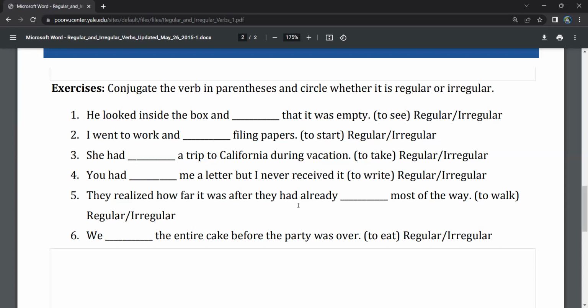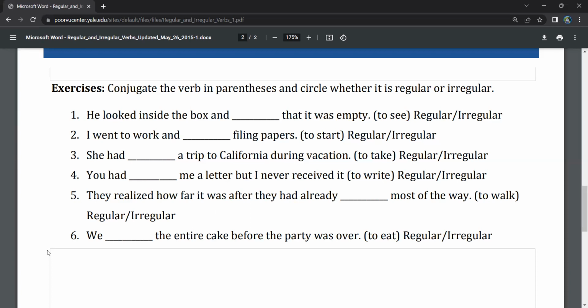We have the auxiliary verb, the same, had. So we're going to use the past participle of the verb. The correct answer is walked, because the past participle of the word walk is walked by just adding ed. What is it? Regular or irregular verb? It is a regular verb.